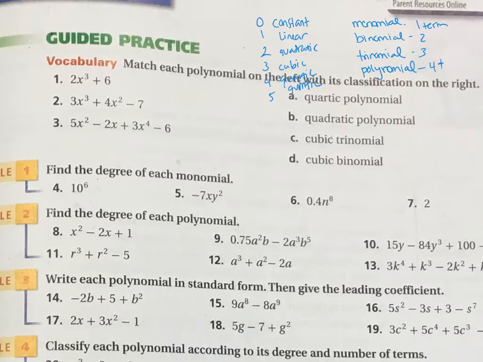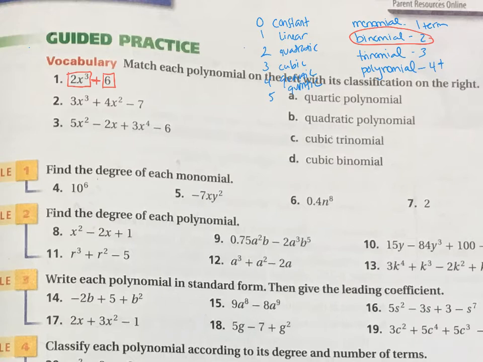Okay, so what we're going to do is, I actually for some reason always have thought of these terms as little train cars. If you notice, they're connected by an operation, a plus or a minus sign, addition or subtraction. I see that I have 2 of those train cars. That would make it the binomial. And then to see what the degree is, I'm looking for the highest degree.